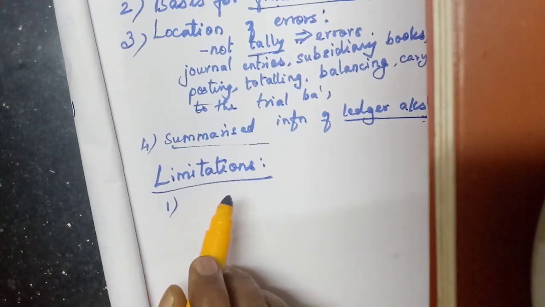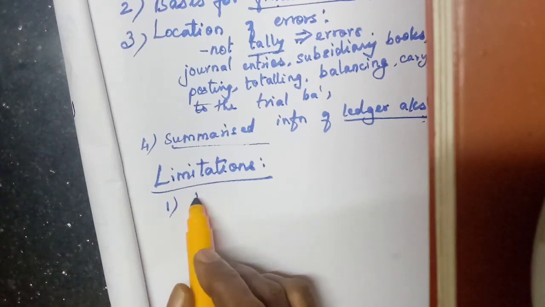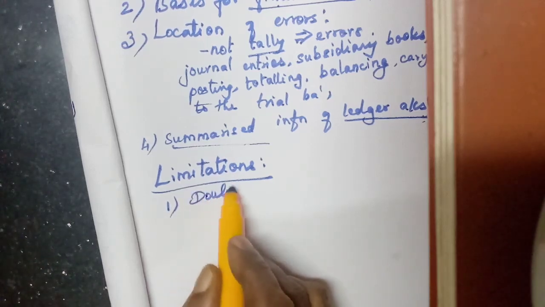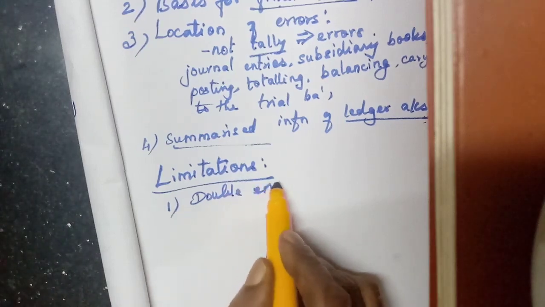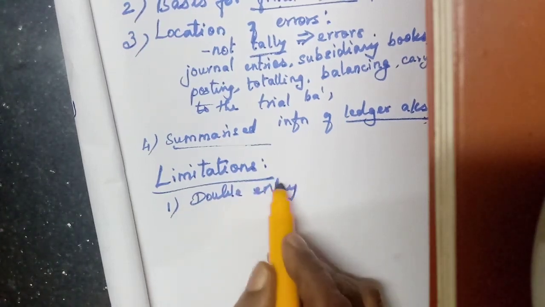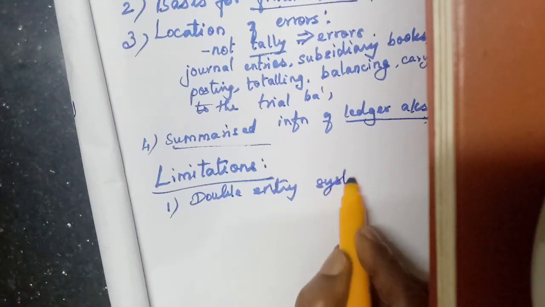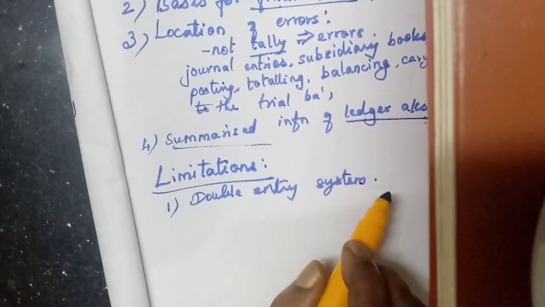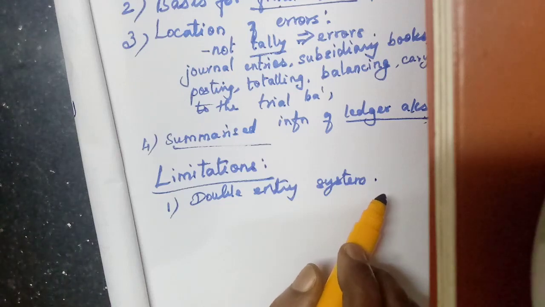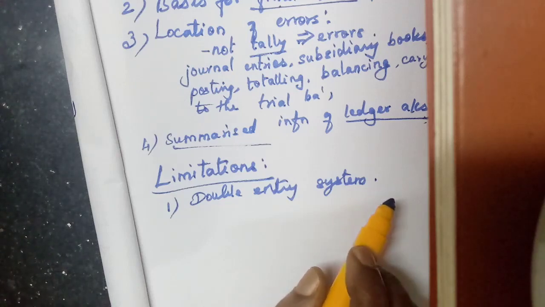We can prepare the trial balance only if the organization is following the double entry system of bookkeeping. Otherwise they cannot prepare the trial balance.